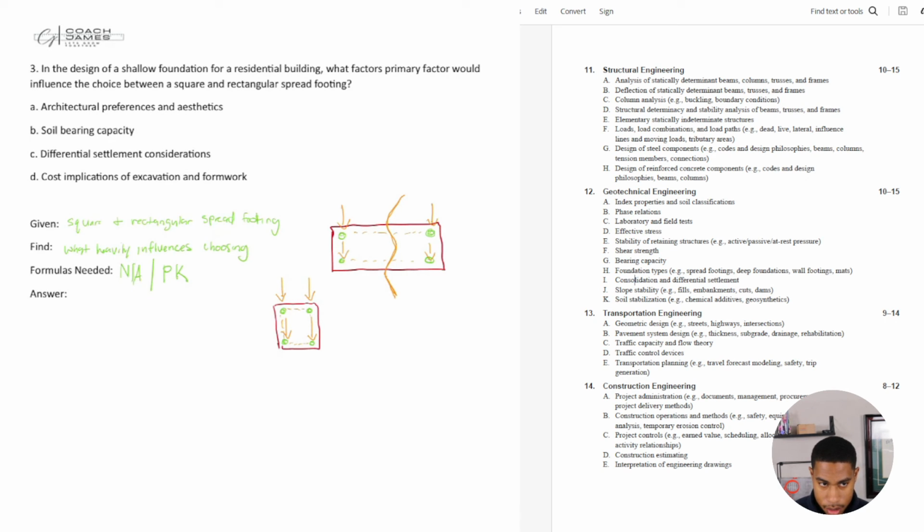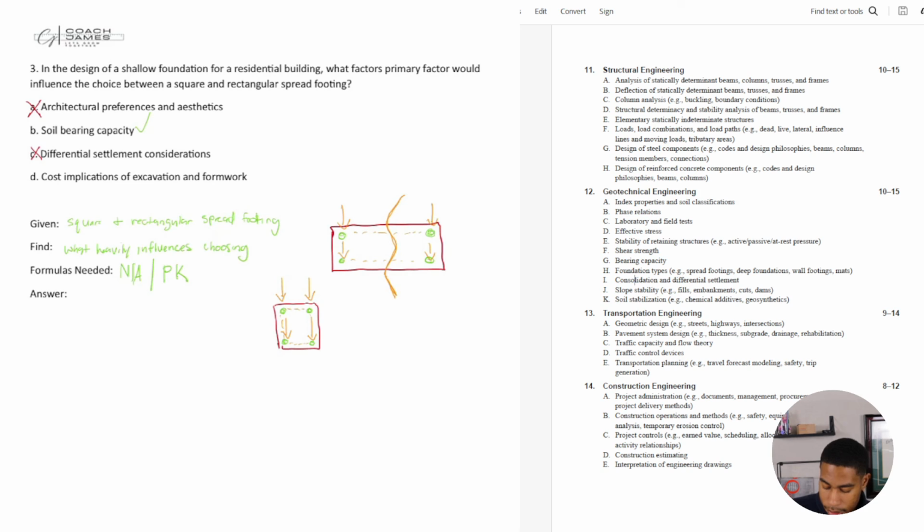So based on our answer choices, you've got A, architectural preferences and aesthetics. No, we don't care about how pretty it looks. Soil bearing capacity, yes. Differential settlement conditions, not so much.